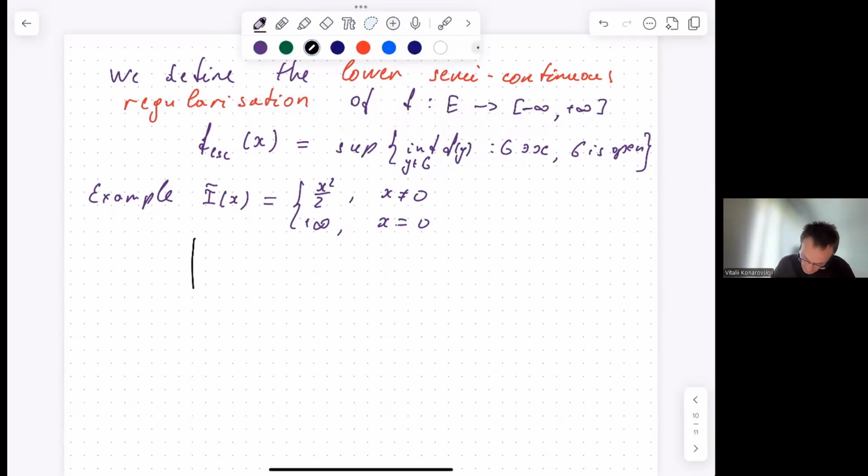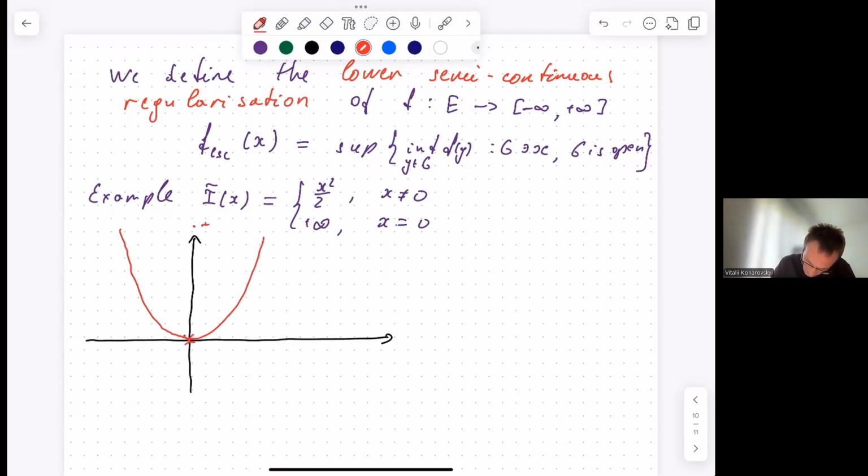It is the picture. The graph of the function looks like a parabola. But at the point 0, it is equal to plus infinity.